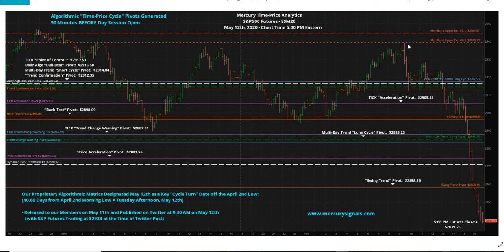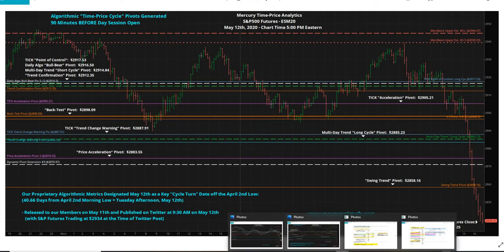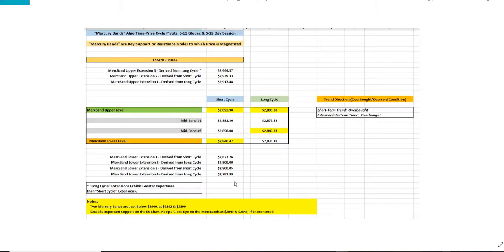Now, what's interesting about the Mercury bands is they are calculated at the end of the day session the previous day. So what you see here, these were calculated Monday evening after 5 o'clock, after the market had closed. And for our subscribers, this is what it looked like. Now, we noted these key areas here, 92, 90, 28, 92, 28, 90.